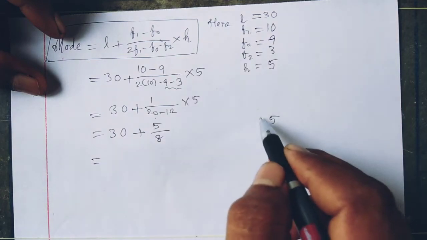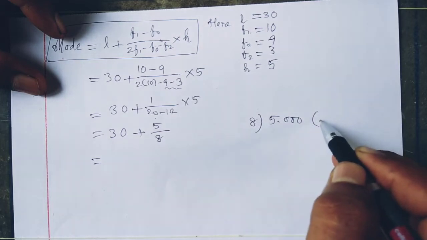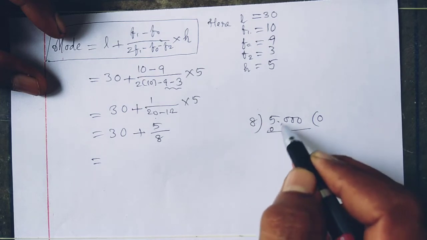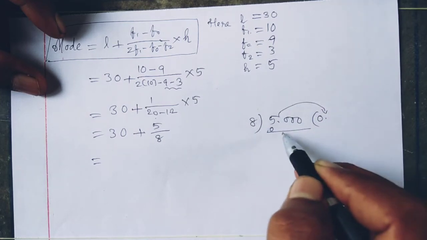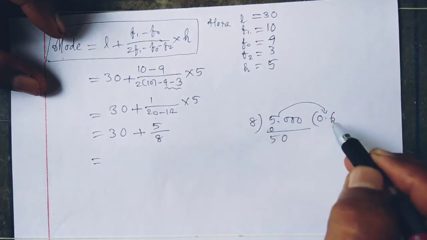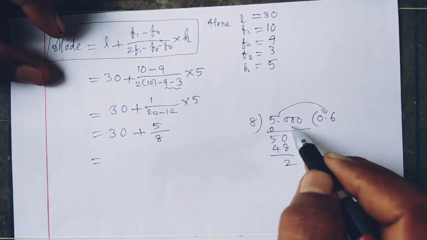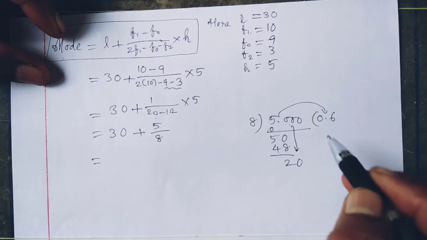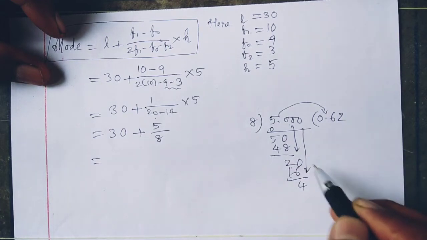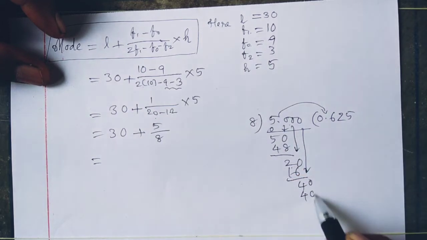So we have to divide 5 by 8, keeping the decimal point. 8 6s are 48, 8 2s are 16, 8 5s are 40.